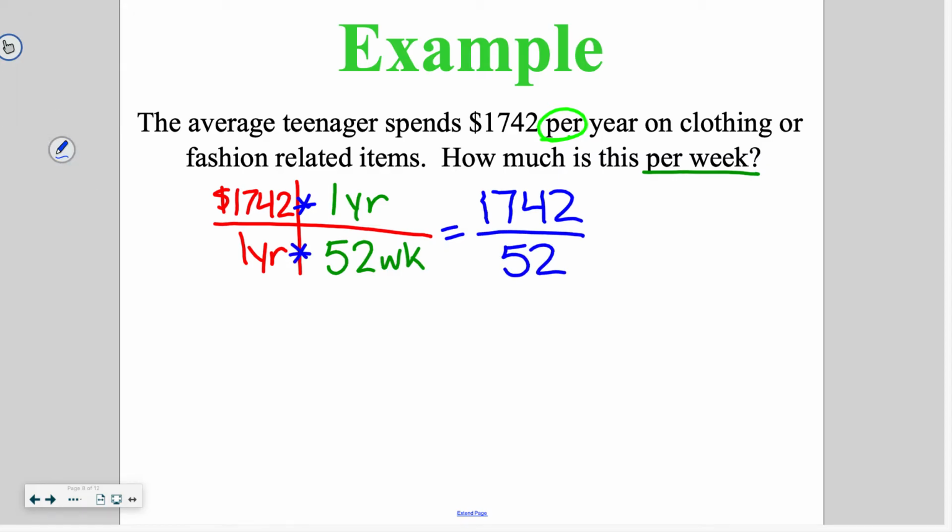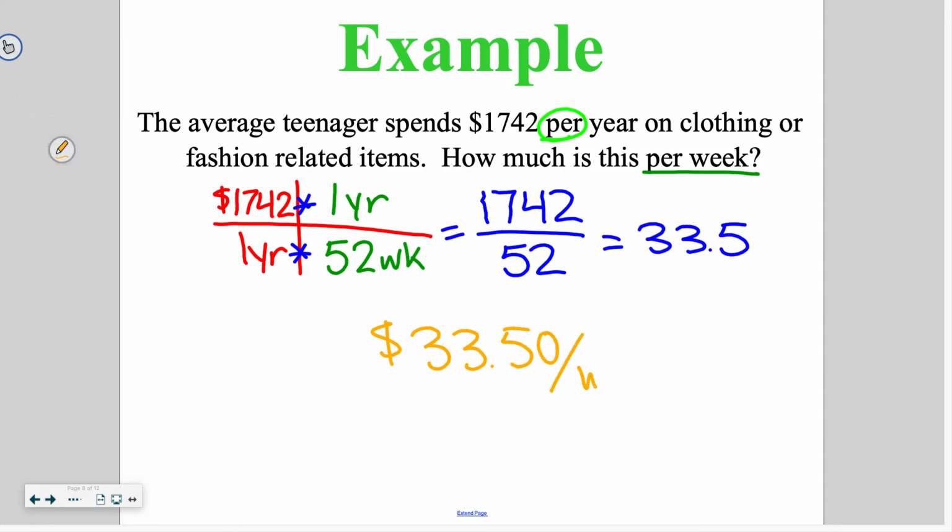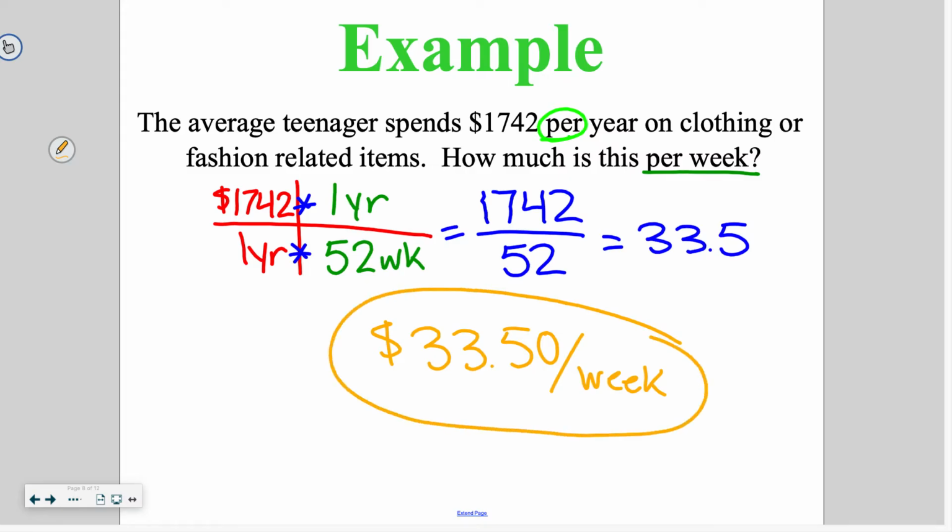And when we plug that value into our calculator, we get 33.5. So our final answer then would be $33.50 per week. So we converted our years into weeks.